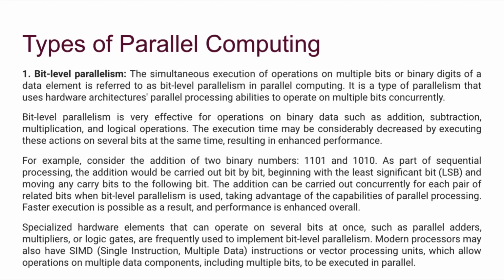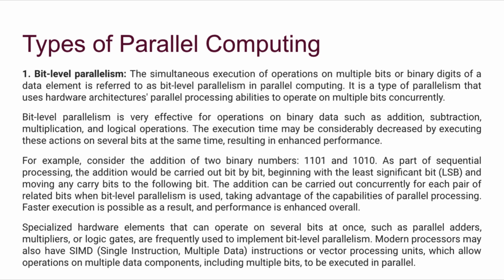Types of parallel computing. There are 4 types of parallel computing. First one is bit-level parallelism. The simultaneous execution of operations on multiple bits or binary digits of a data element is referred to as bit-level parallelism in parallel computing.